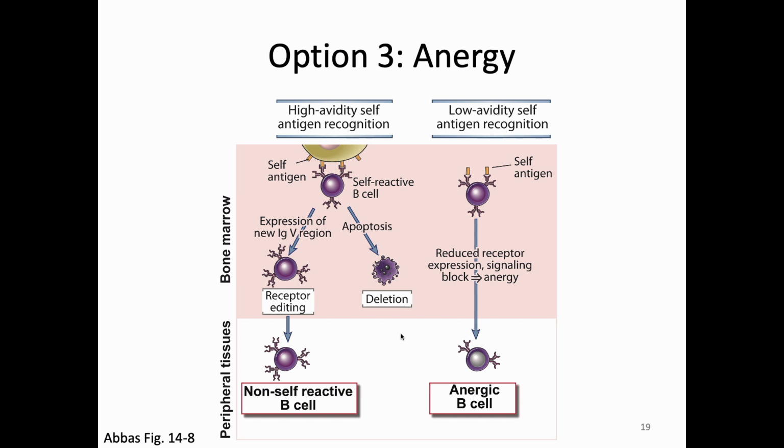So we see anergy in B cells. We'll see anergy in T cells later on, where the cells are, for all intents and purposes, off, unless craziness happens. And if craziness happens, then you call them in as your last absolute resort.